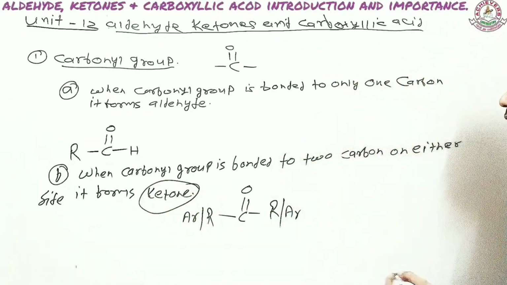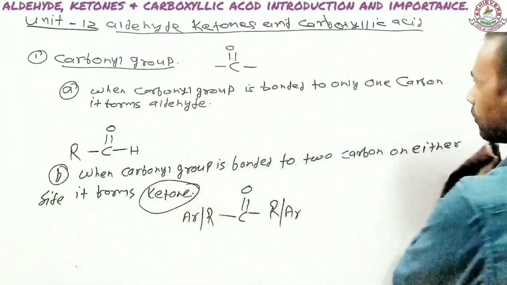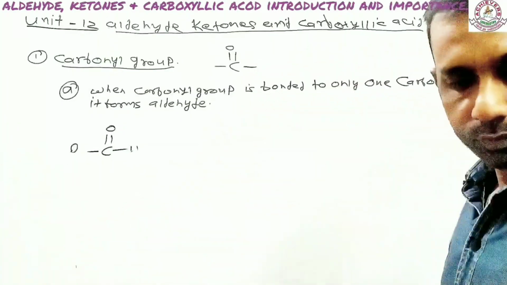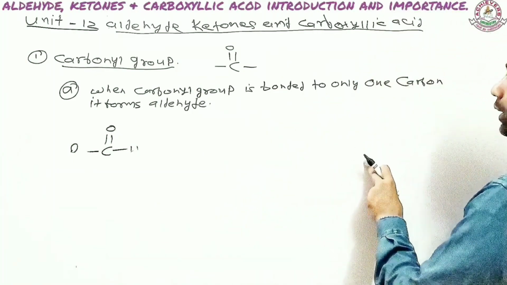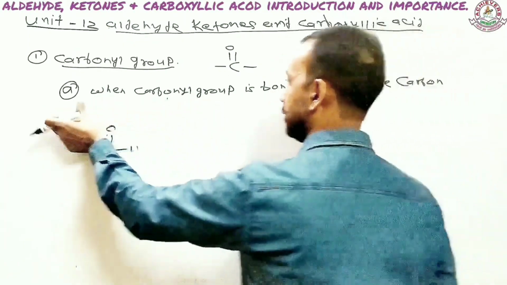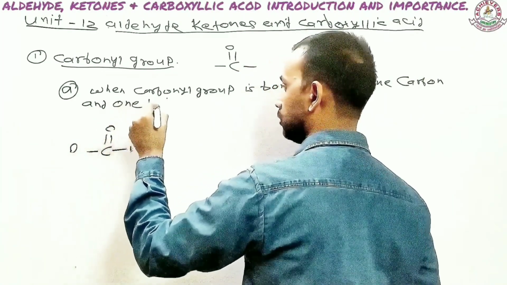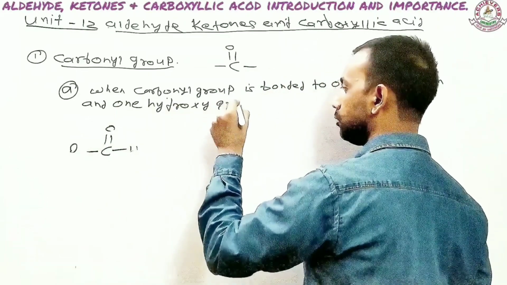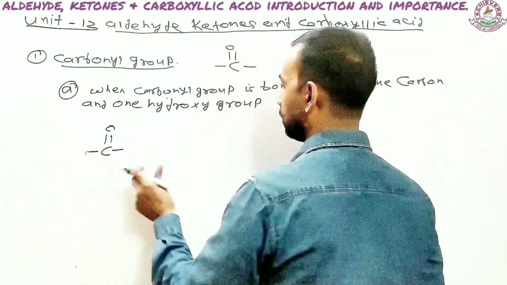Now let's talk about the third one. When the carbonyl group is bonded to one carbon and one hydroxy group, this will form carboxylic group.